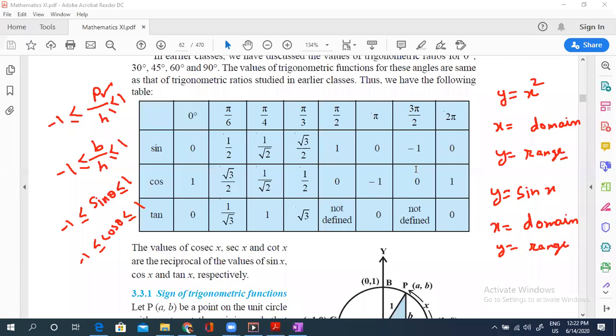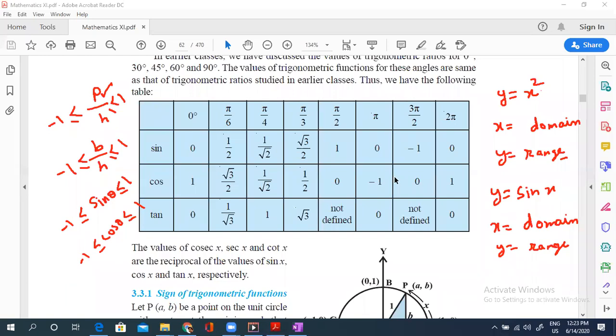So I can say that I can put any value of x. So the domain of sin x is all the values of x, all real numbers. You can put anything. Okay. Same with cos theta.